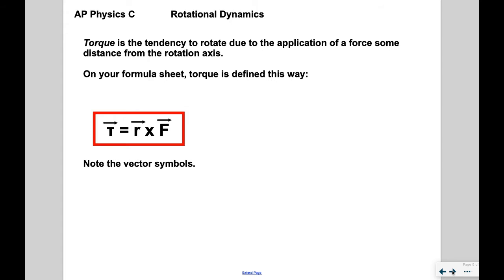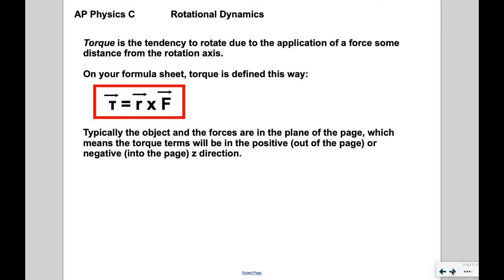So on your formula sheet for Physics C, torque is indicated this way, where r is the vector position of the force with respect to the rotation axis, and F is the force. Both of these are vectors, which indicates that they could be given to you in i j k notation.